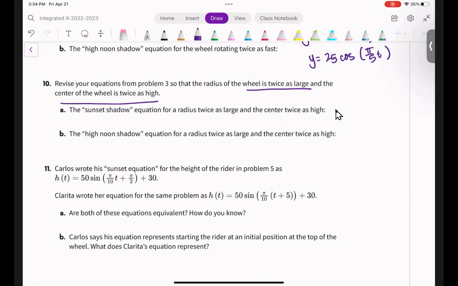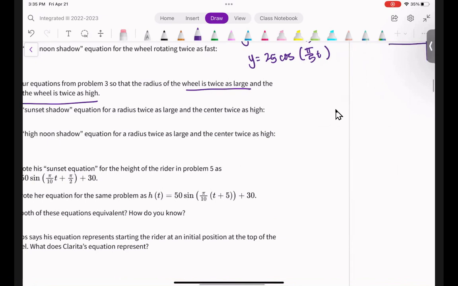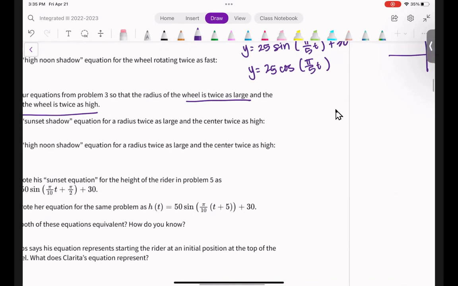Right? So if you remember, twice as large, before the radius was 25, now our new radius is going to be 50. And if it's twice as high, before that we called it D. D was 30, but now it's twice as high, so now D equals 60.